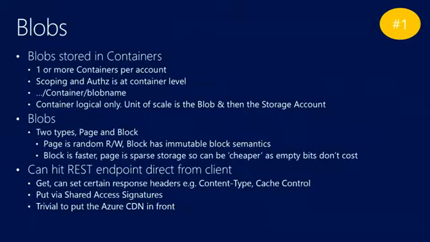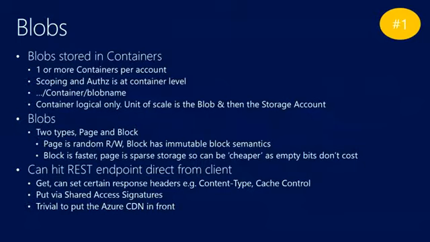You put blobs into containers. Your scoping and your authorization is at the container level, but the container is really logical only. Your container doesn't have anything to do with the overall scalability of the system. Your scale point is a blob. So if we think back to that idea of partition servers, the partition point for blob storage is a blob.